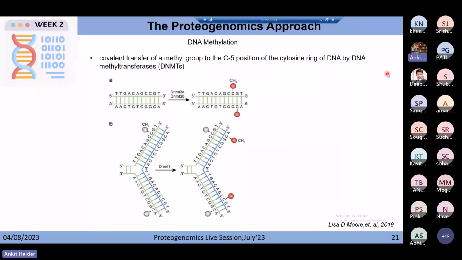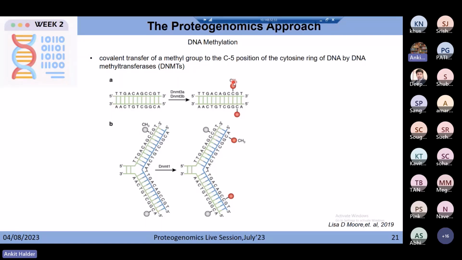It is mostly to protect the particular DNAs. So methylation is one of the phenomena that happens in the DNA. So the cytosine gets methylated, and this CH3 remains attached.